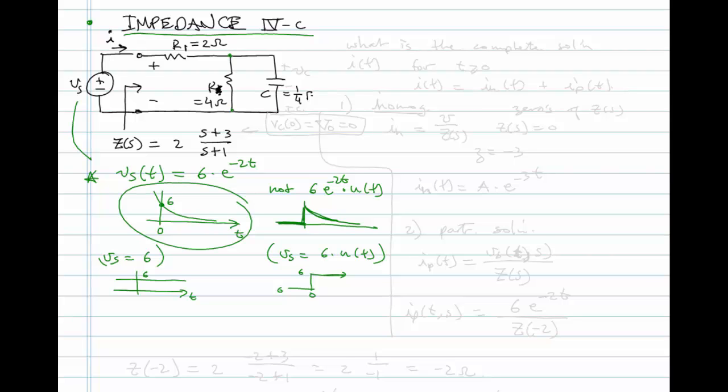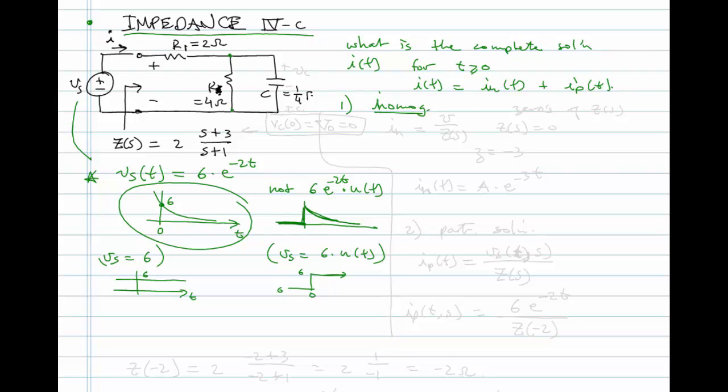And what we're after is the complete solution I of t, for t greater than or equal to 0. We know that I of t is equal to the homogeneous plus the particular solution. Homogeneous we have already found before.